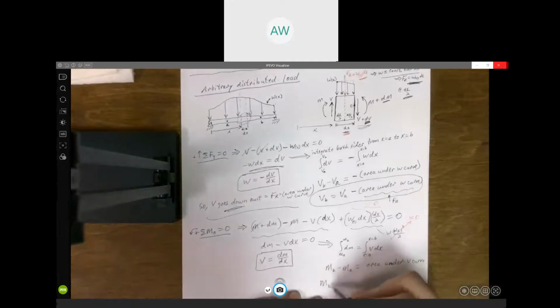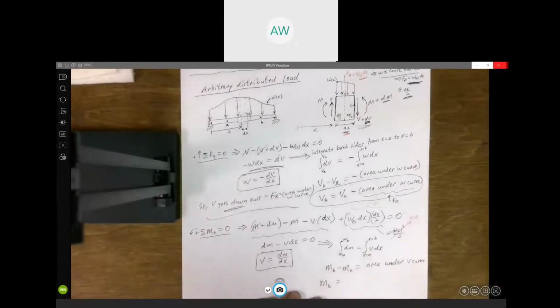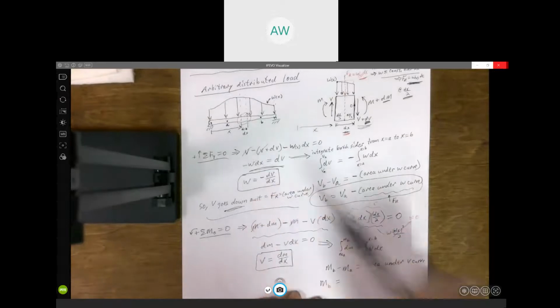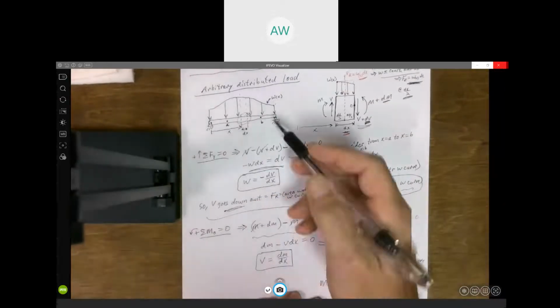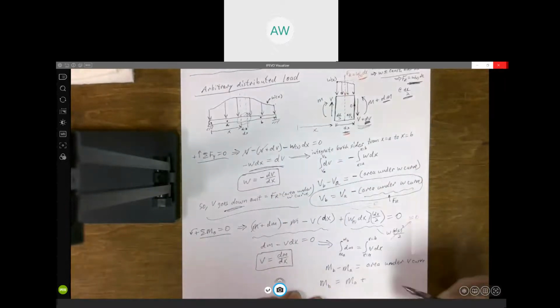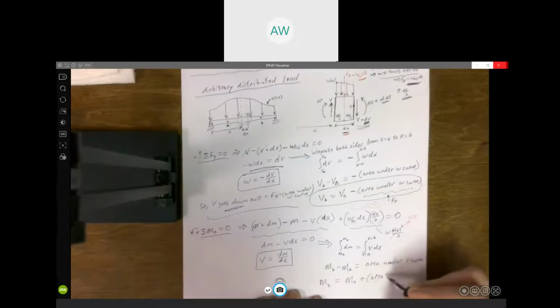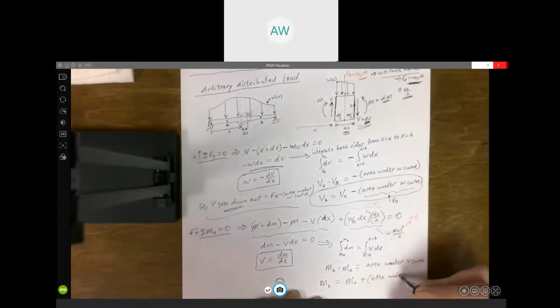So our moment changes from whatever the moment is at A to get the moment at B along this beam. We add the area under the shear curve.